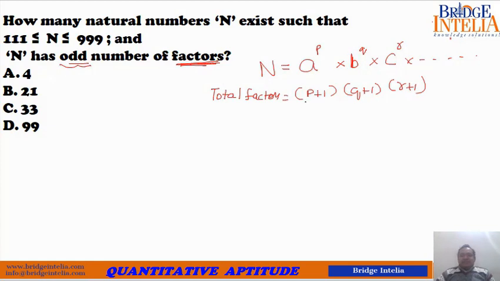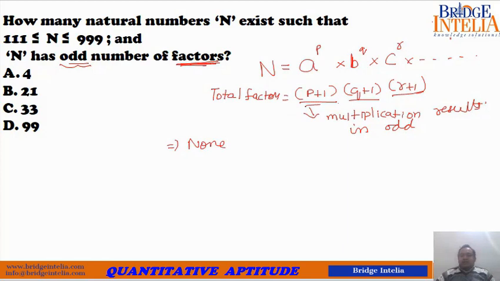So this product, this multiplication, results in an odd number. If this is odd, that means each of these terms is odd, none of these is even.